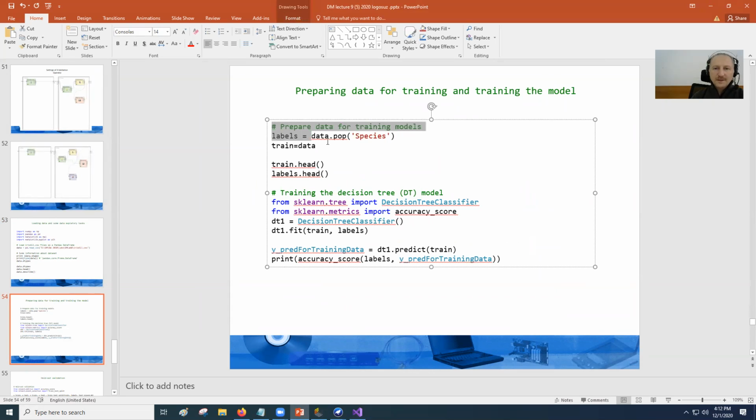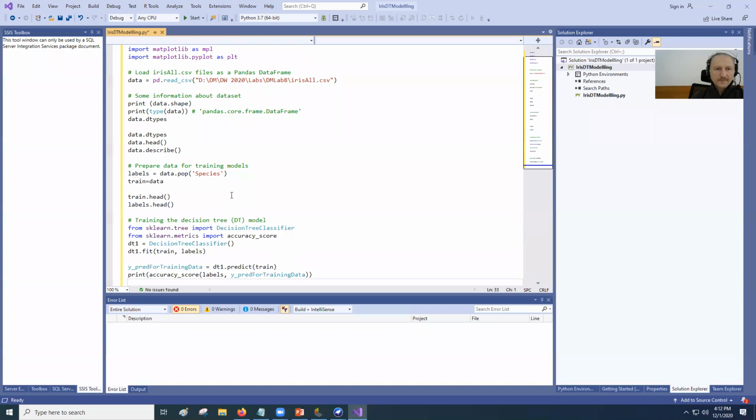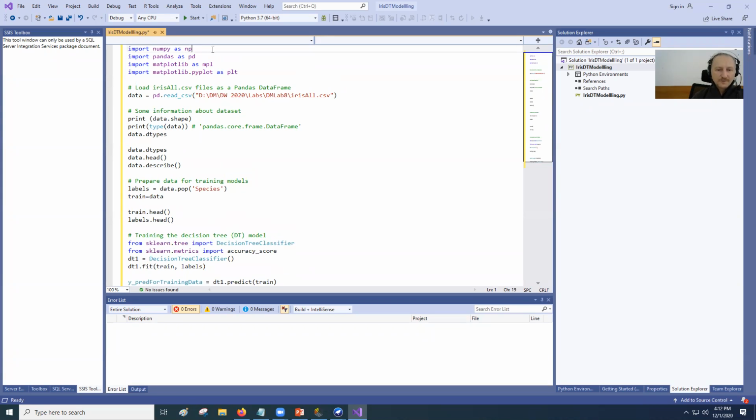And then you need to train your model, and you get the accuracy. So let's run these codes now. If you want to run this code line by line, you can press Control Enter.